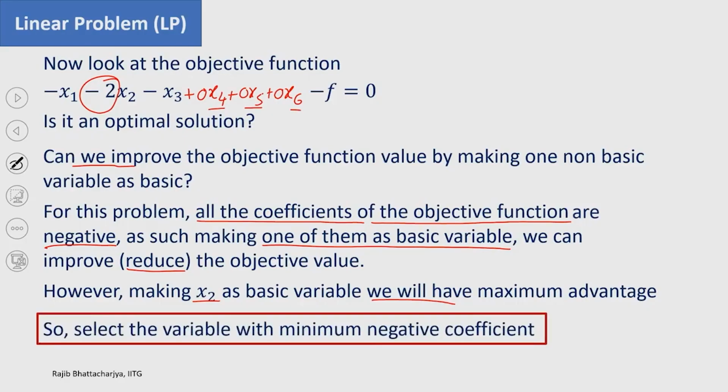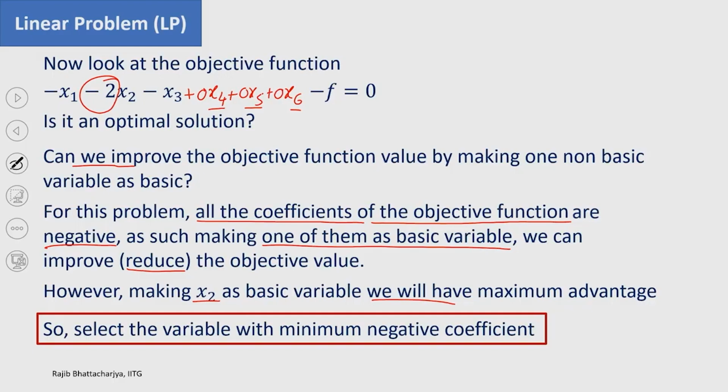So, what will we do? We will select the variable with the minimum negative coefficient. What is the first rule? We have to decide whether we will make x1, x2 or x3 a basic variable. Out of these three we select one, and we can select any of them, because if we select x1 the objective function will reduce, if we select x2 it will reduce, and if we take x3 it will also reduce.